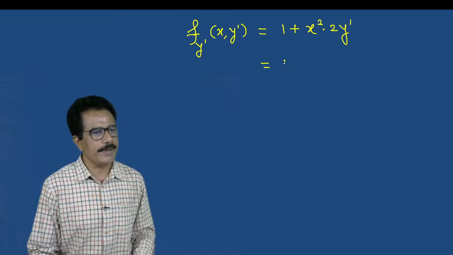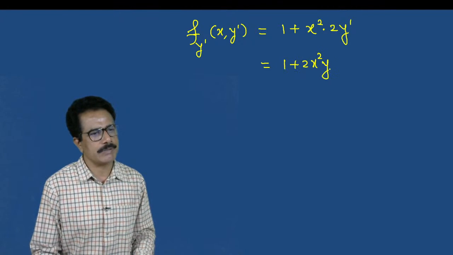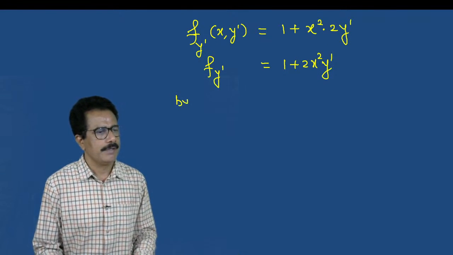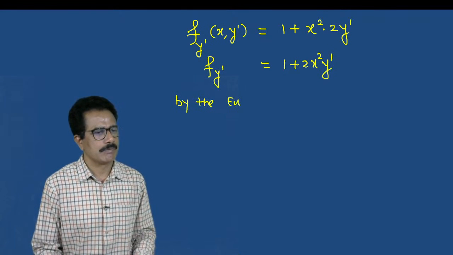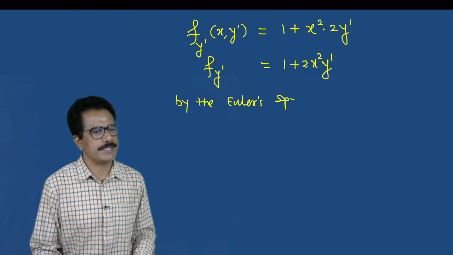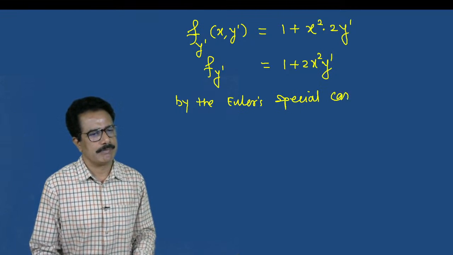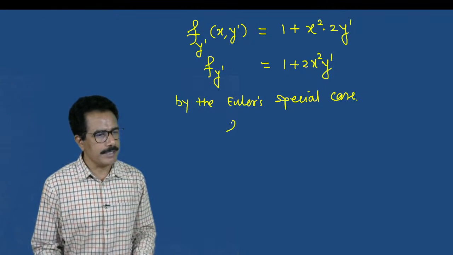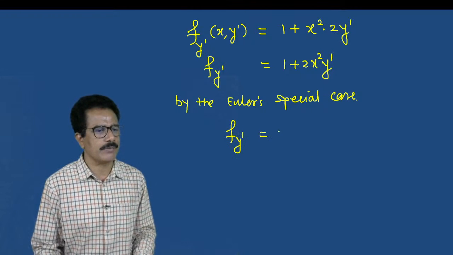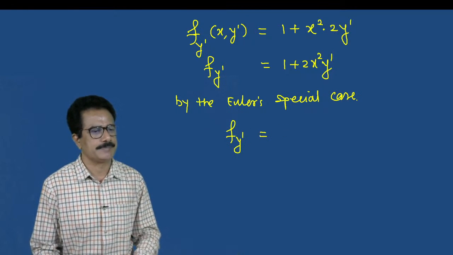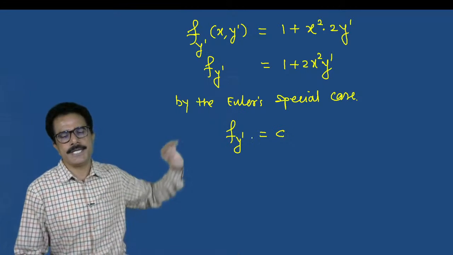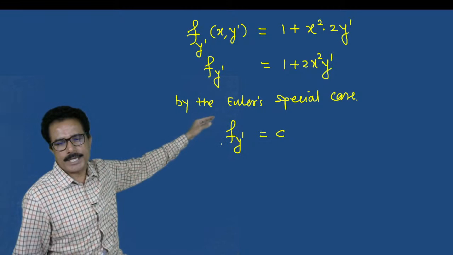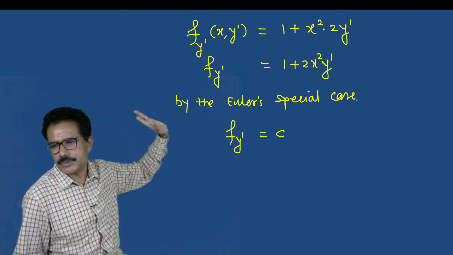So it will be 1 plus 2x square into y dash. This is f y dash. By Euler's special case, if a function is independent of y, then f y dash is equal to a constant c.